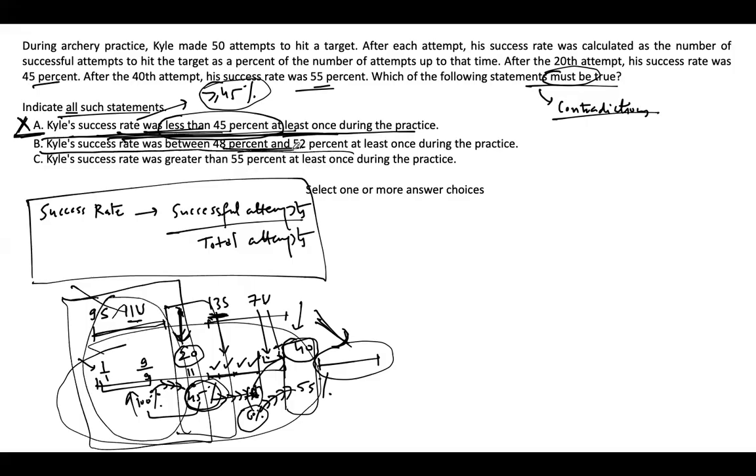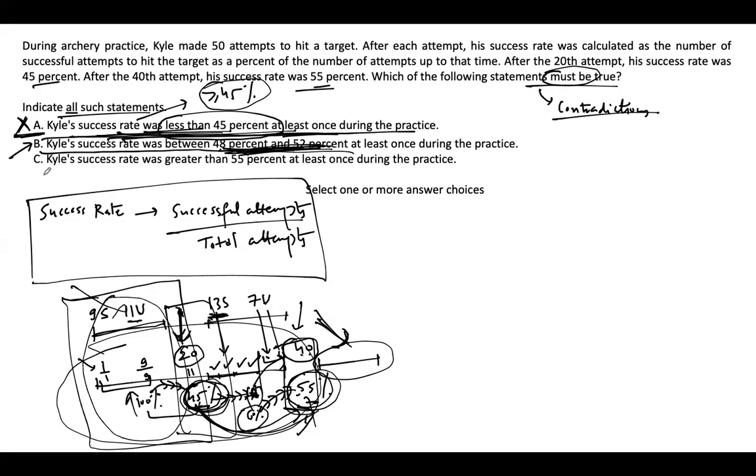Example, from 45% and here on the 40th attempt it is 55%. That means definitely there could have been an increase from 45% till 55%. There definitely would have been an increase, right? So this is possible. From 45% to 55%, this stage will come, right? That is why we are saying it is true.